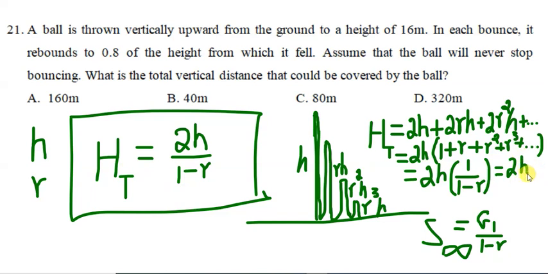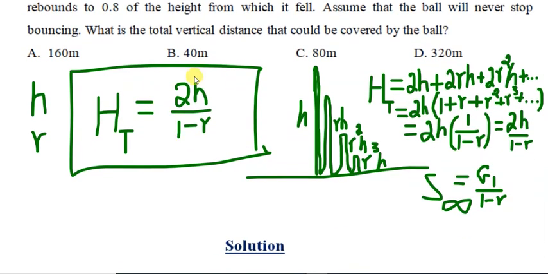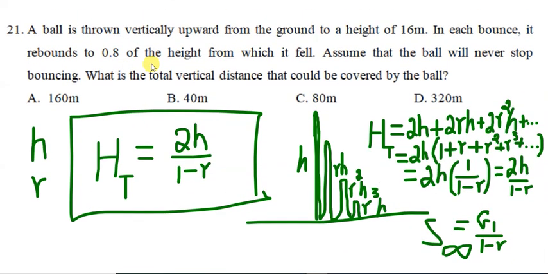Here is 2h over 1 minus r. It is the same as the one we already wrote here. Our h is 16 meters, and our r is 0.8.